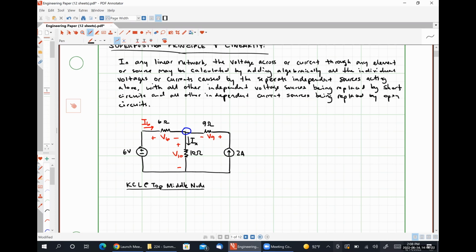So I'm going to have negative I6 plus IX minus 2 amps is equal to 0.